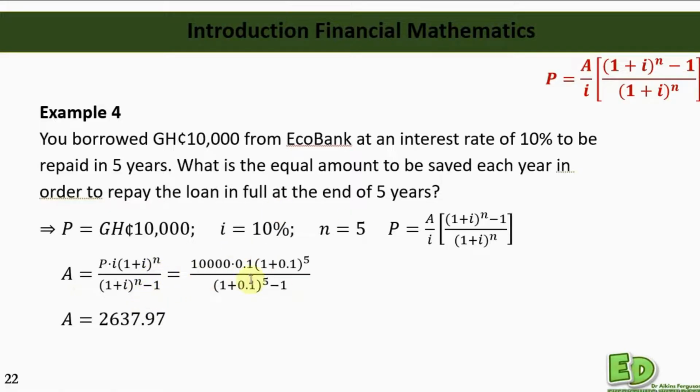That gives you an equal amount of 2,737.97. It means that for the person who borrowed this amount from EcoBank to be able to repay the 10,000 in 5 years, the person should be saving 2,737 every year. So at the end of the 5 years, the person will accumulate the 10,000 to pay EcoBank.